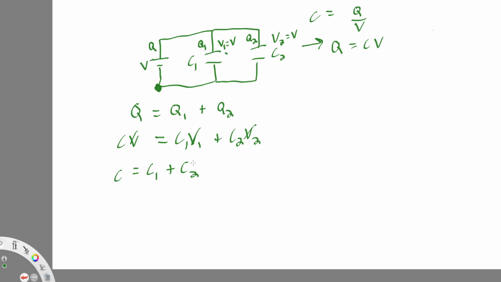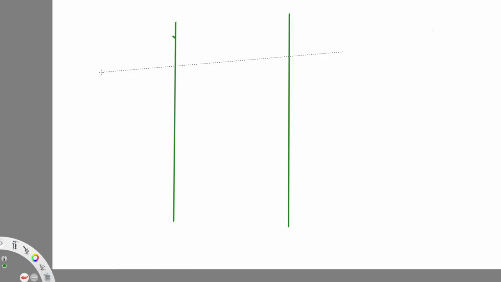Let's summarize. So the things we know about circuits. We know that there are two kinds of circuits, and we know about two kinds of circuit elements so far.